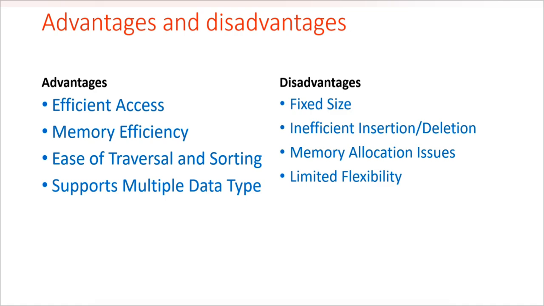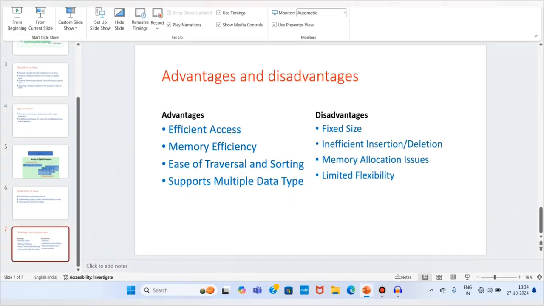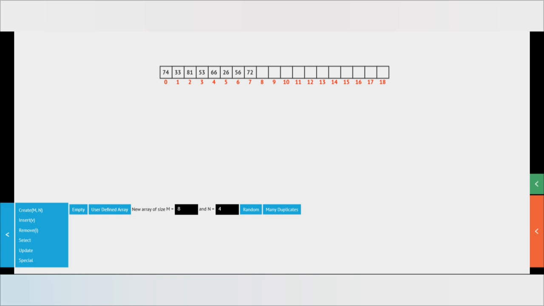We also face memory allocation issues. Large arrays can lead to memory allocation errors, especially if there is not enough contiguous memory. And the last one is limited flexibility. Arrays are not as flexible as other data structures like lists in Python and linked lists in general.